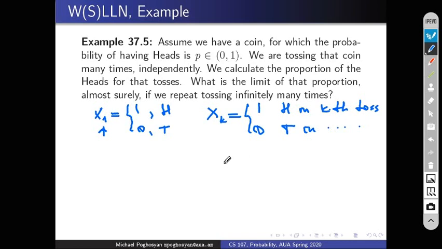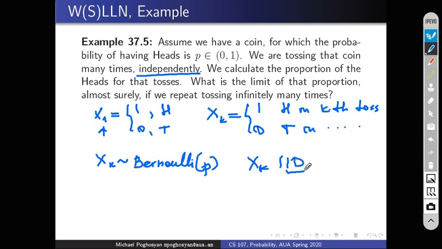Then, of course, the xk's are Bernoulli with parameter p, because the probability of heads is p. And the xk's are independent because I am doing my tosses independently. So the xk's are IID: identically distributed because they have the same distribution, and independent because I'm doing those trials independently. Okay.